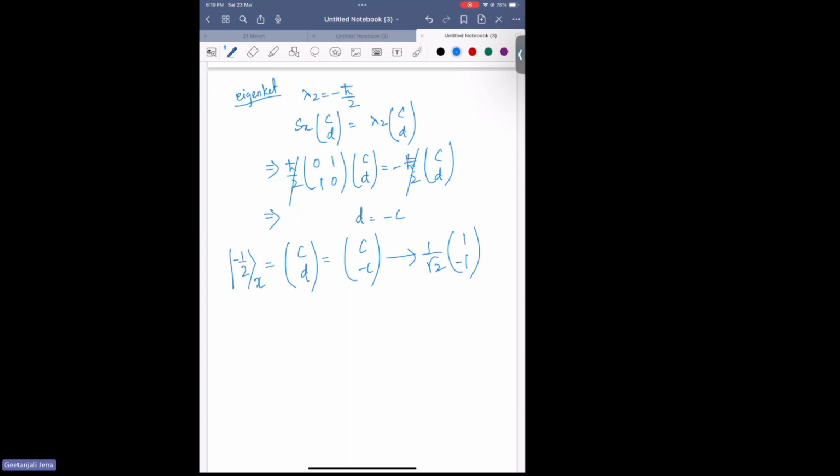This one also you can write as a linear combination of the Sz eigenvectors: 1 by root 2 times (1, 0) plus, there is a minus 1 here, so minus (0, 1).